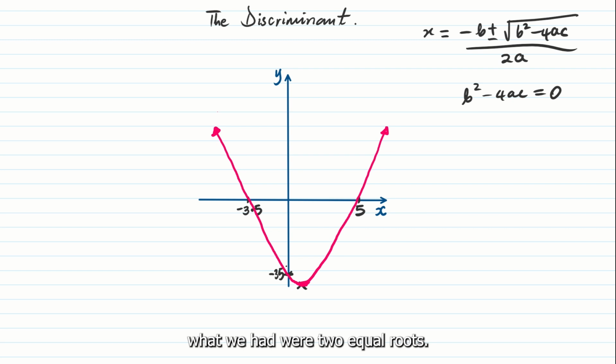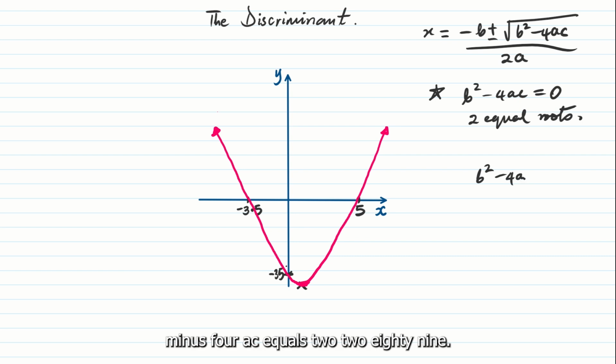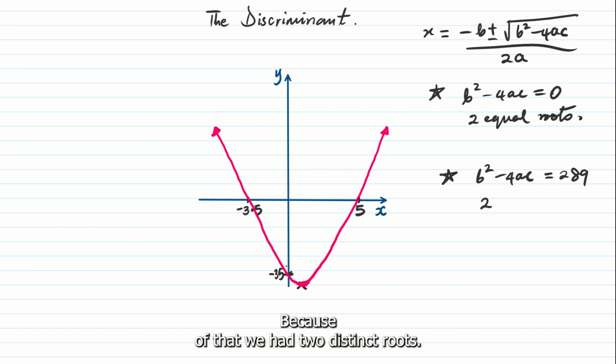what we had was 2 equal roots. Now, in this particular example, we notice that the discriminant, which is b squared minus 4ac, equals 289. Okay, and because of that, we had two distinct roots.